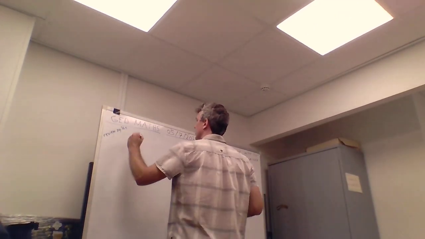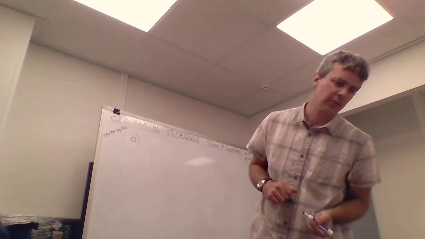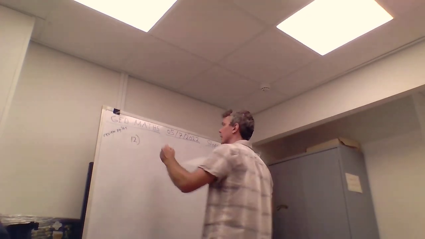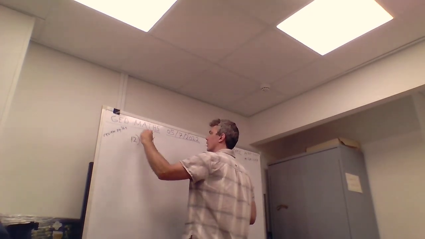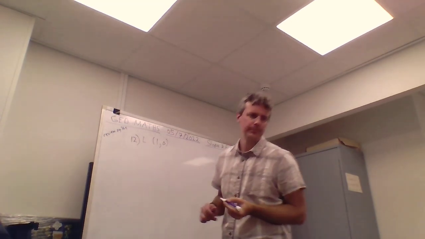Alright, let's just do number 12 first, and then we can get on to those lessons. So number 12, on page 369, says L passes through point 1, 0, right?